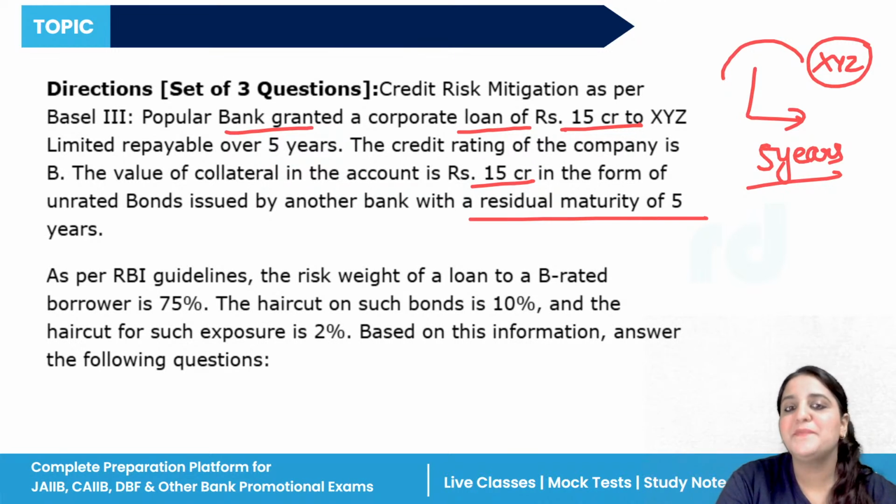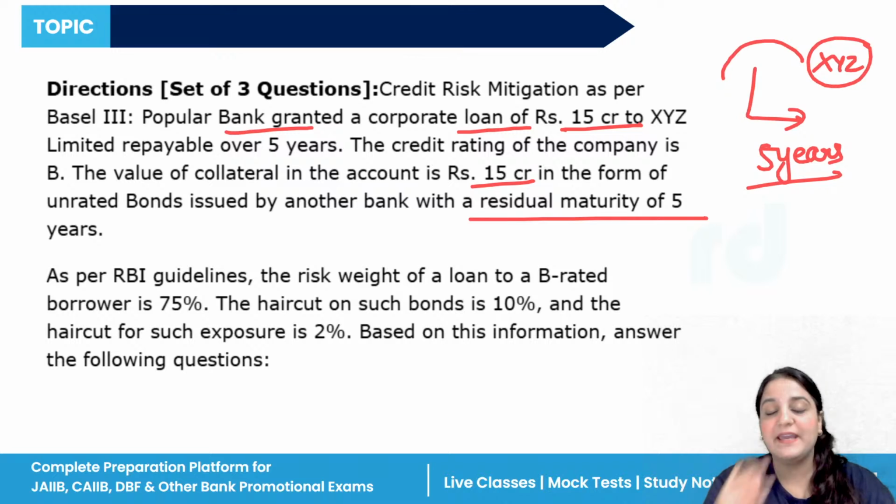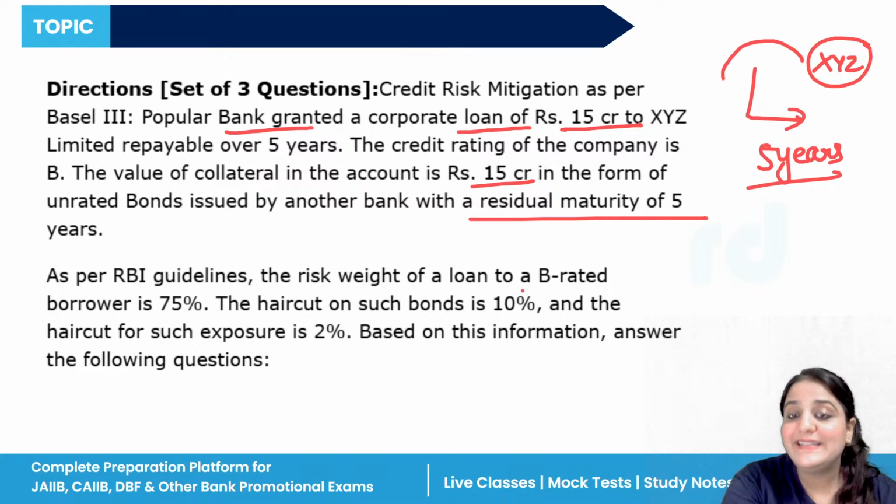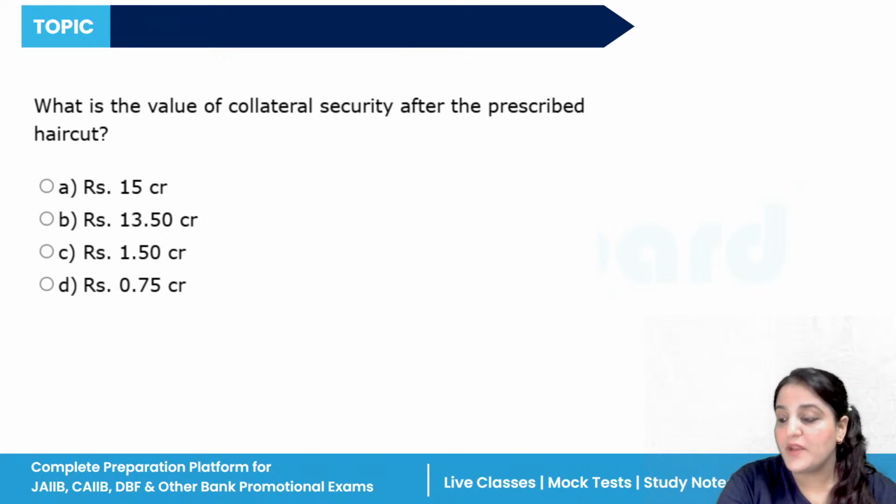As per the RBI guidelines, the risk weight of a loan to a B-rated borrower is 75%. Now, the haircut on such bond is 10% and haircut for such exposure is 2%. So, answer the question.